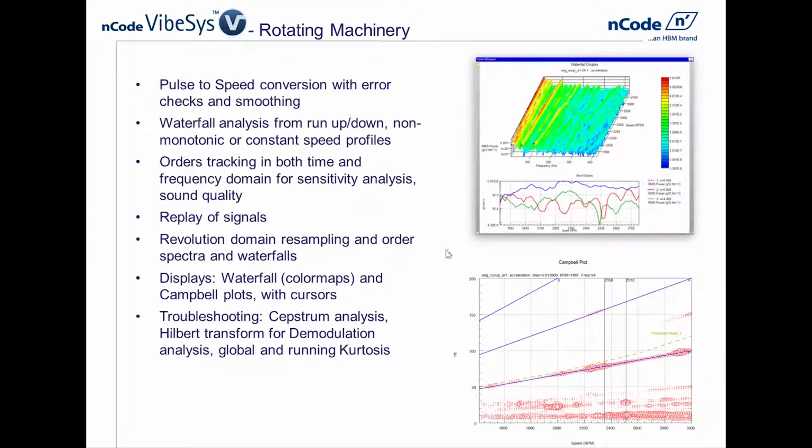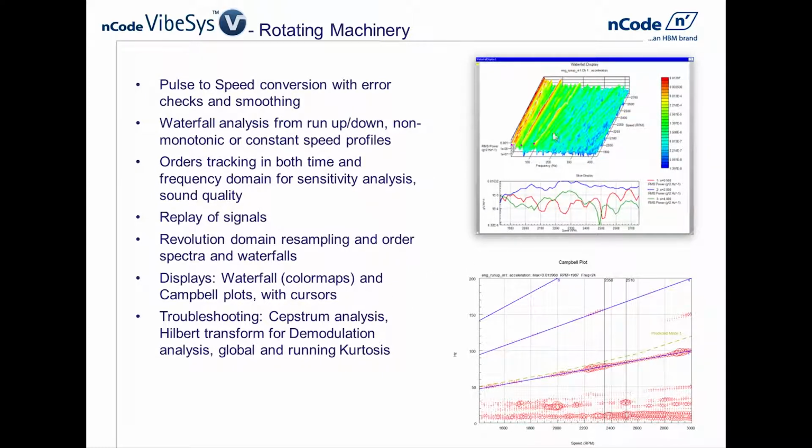Similarly for waterfalls, and that's very accurate, generally speaking, because we get rid of many of the assumptions that Fourier requires. And we get rid of artifacts such as smearing, etc.